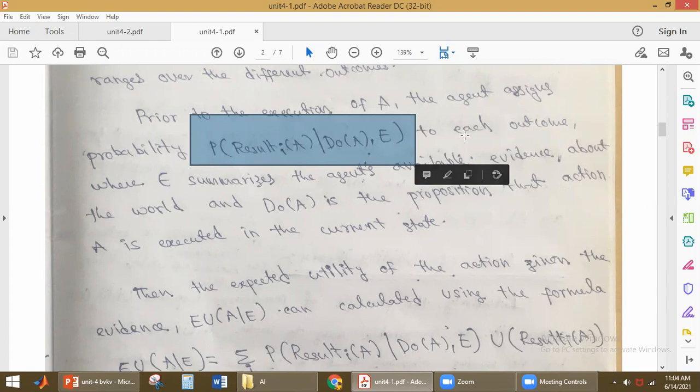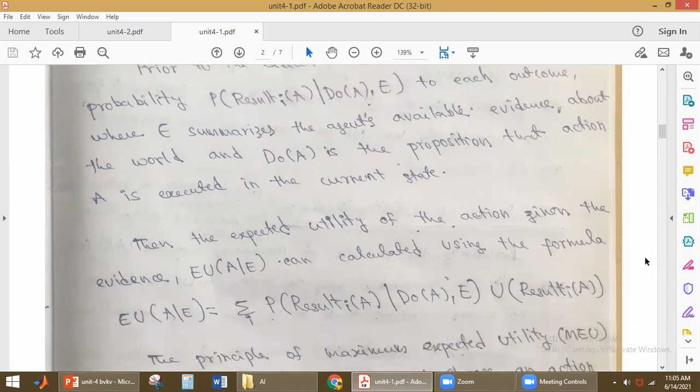Here do of A is the action A performed on the current state, where E is the available evidences. The probability of an outcome by performing the action with the given evidences should be assigned to each and every outcome before the execution.